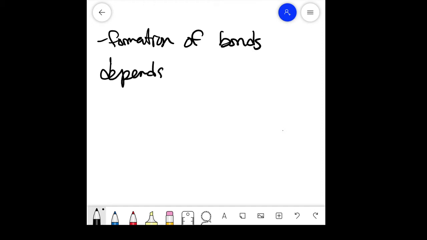But anyway, to get started, I'm going to talk about chemical bonds. So, as we know, chemical bonds are the bonds that form between atoms that hold them together. And so, the formation of bonds depends on electron configuration.